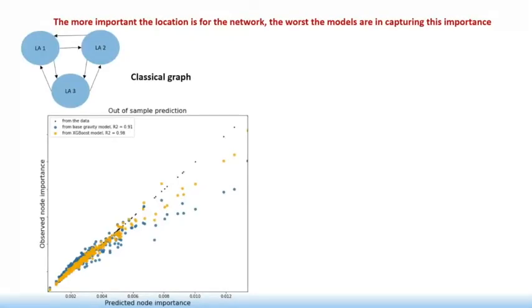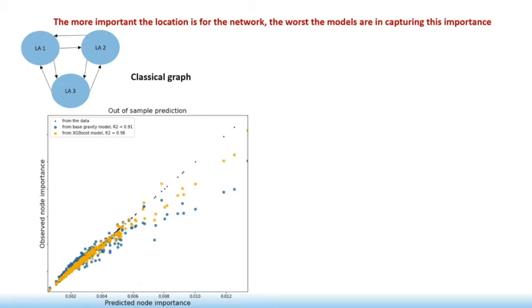Basically, the more important the local authority is in the observed network, the worse is the model in capturing this property. And here we are only talking about a very generic traditional type of network in which we can observe both inflows and outflows.